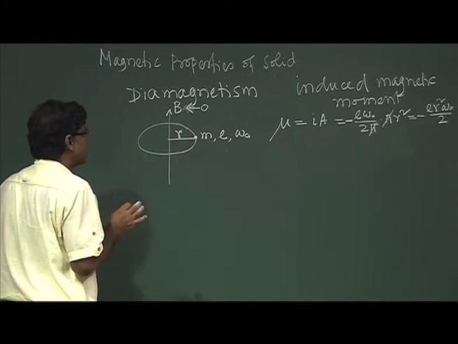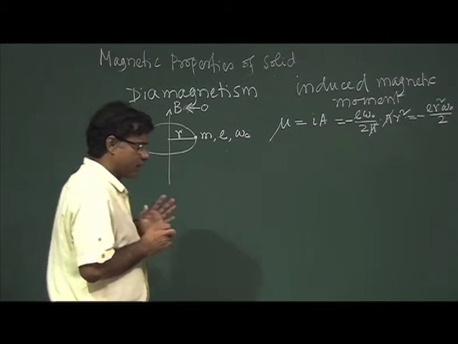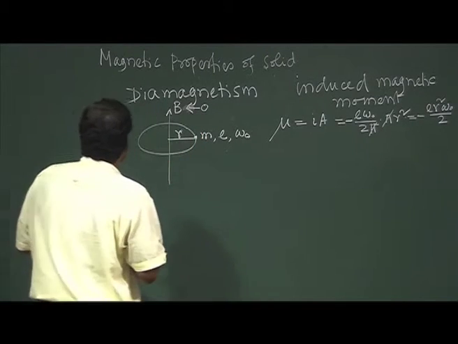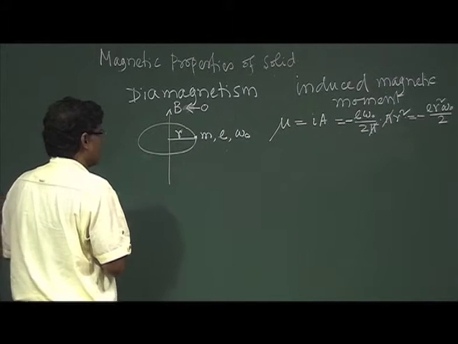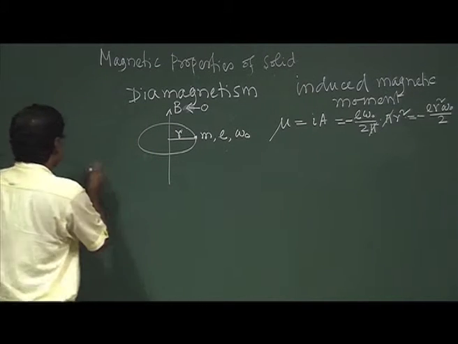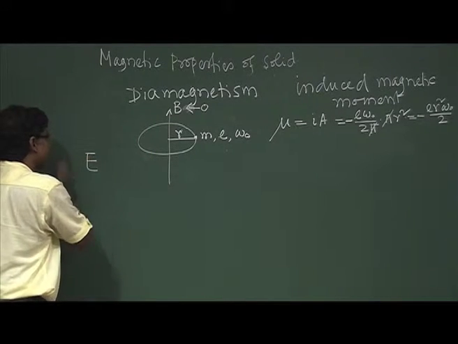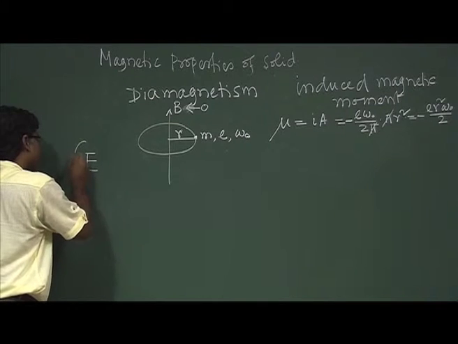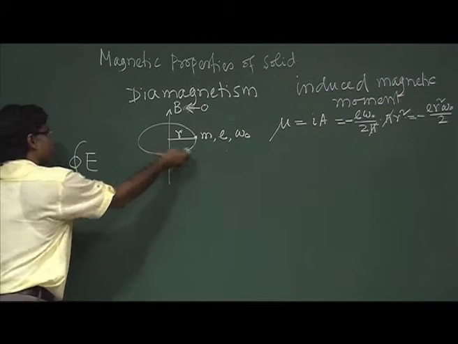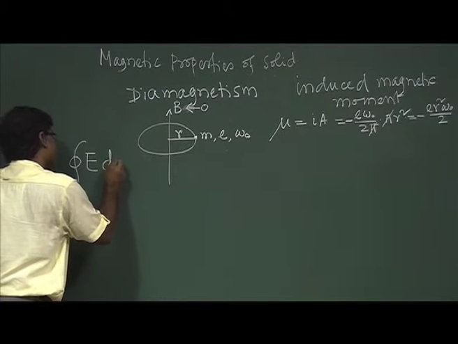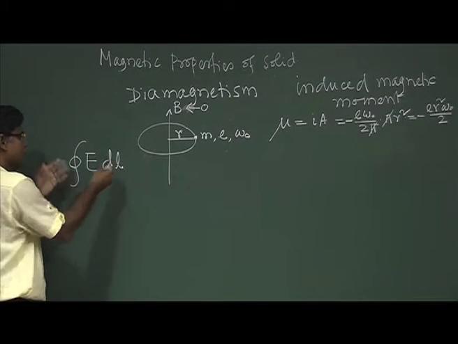So, that is Lenz's law. According to Lenz's law, there will be an induced electric field over this closed loop, the integral of E dot dl, and that is the EMF.